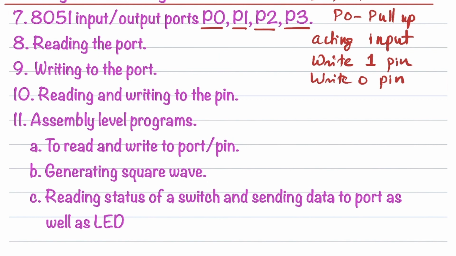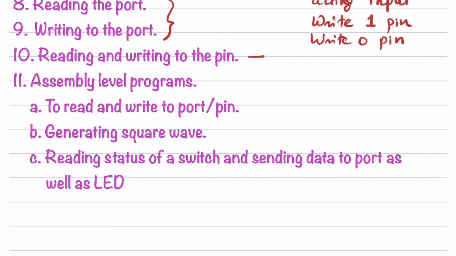We have seen how to read or write to the port, as well as how to read or write to the pin. Later we have seen some assembly level programs, with few examples of reading a particular pin or reading a particular port itself.